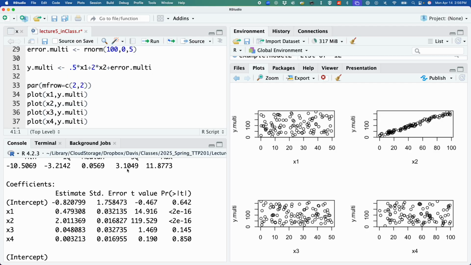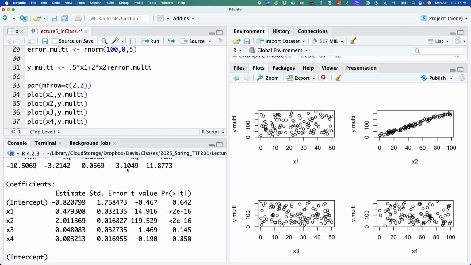It's 0.5 for x1 and 2 for x2, and x3 and x4 shouldn't have a relationship. We also know that the intercept is 0. So here, the intercept is negative 0.8, not statistically significant, and so we would basically say, yeah, this is 0, right? Good.